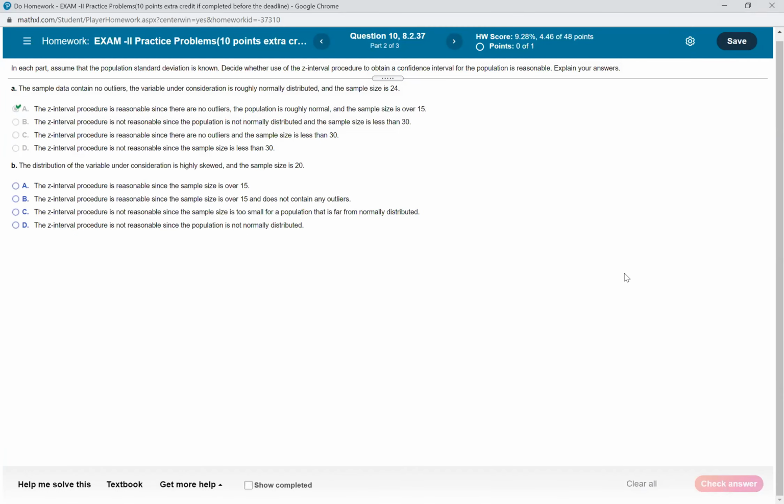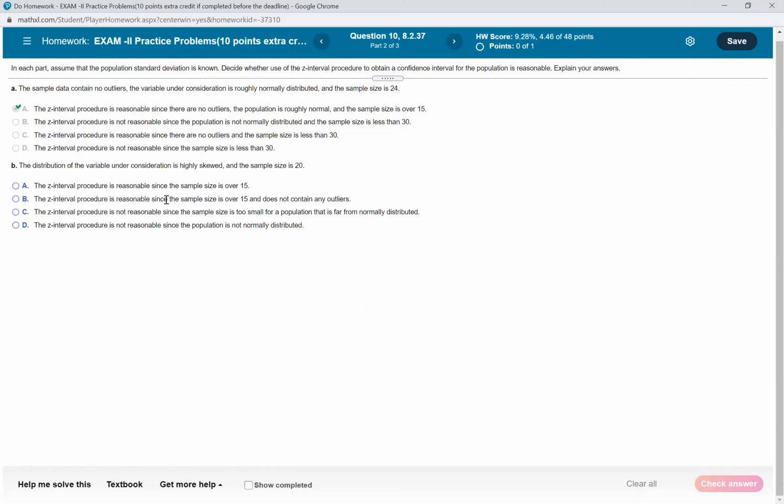Okay, so let's move to the next part. The distribution of the variable under consideration is highly skewed, and the sample size is 20. So when the distribution is highly skewed and the sample size is not large, then we need to use a different interval. The interval procedure is reasonable since the sample size is over 15.